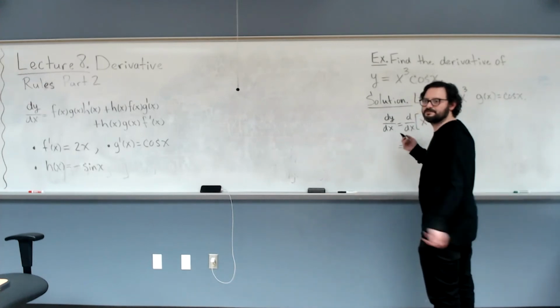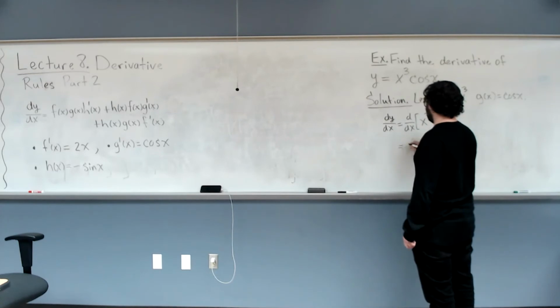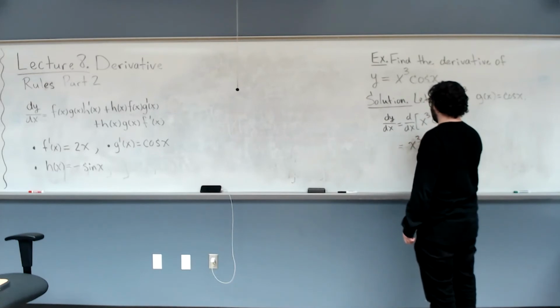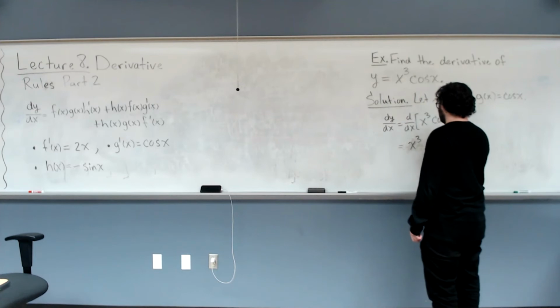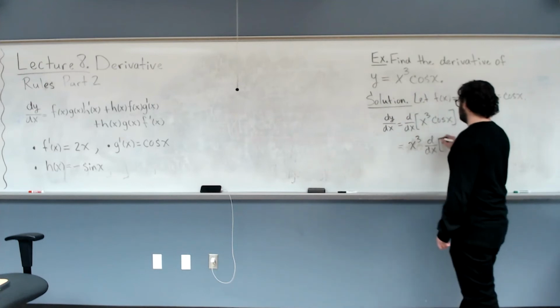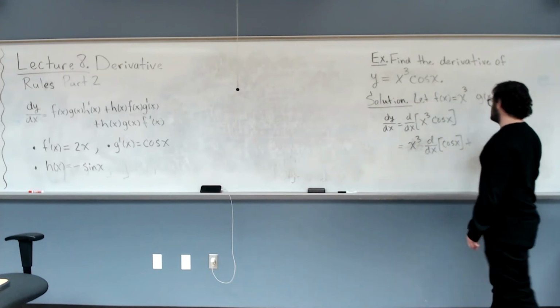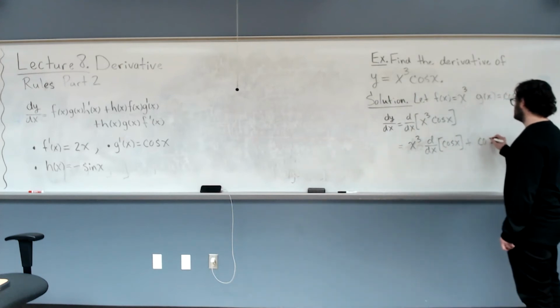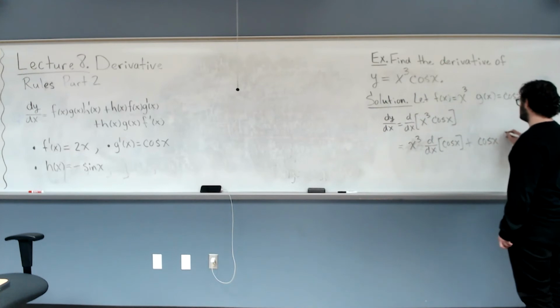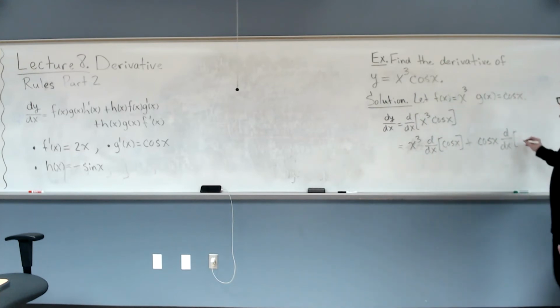The ordering doesn't matter. Maybe I'll just do it like this: x cubed times the derivative with respect to x of cosine of x, plus cosine of x times the derivative of x cubed.